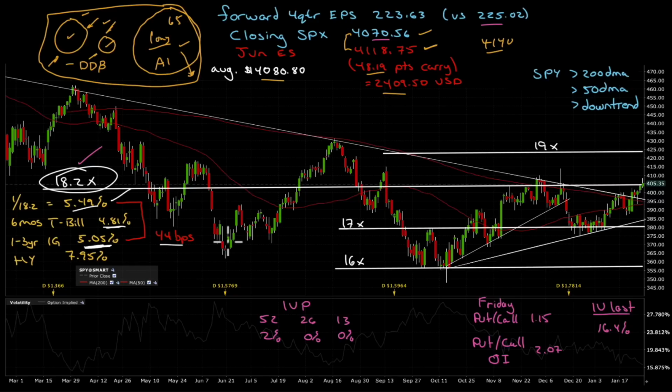There you have the uncertainty of not knowing what you're going to get, and you're only being compensated 44. So by these measures here, you're just not being compensated enough.